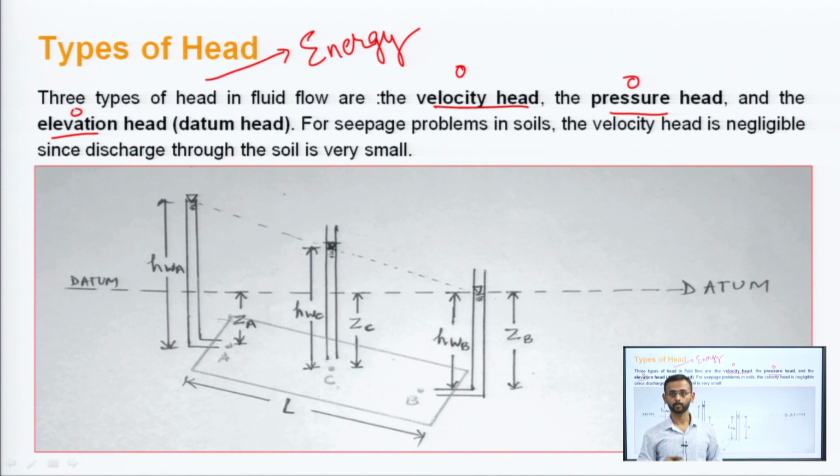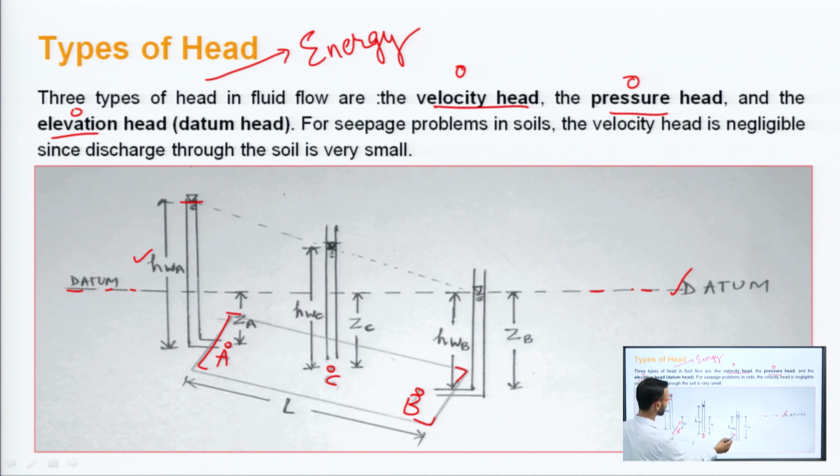But when we are talking about this, see here, let us take a soil mass with these boundaries, and let us take these three points: point A, point B, and the middle point C. We have assumed one datum. In the question there will always be one datum given to you. When we apply a piezometer here, the water rises up to this level, so we took this as the pressure head HWA.